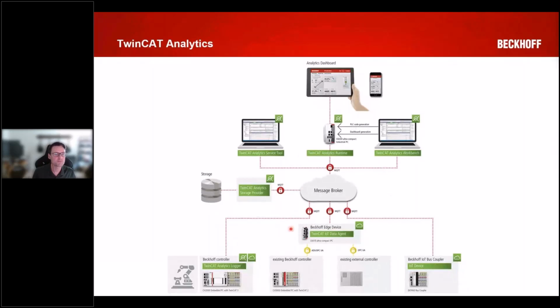The rest of these components, like the IoT data agent for bridging, the storage provider, the engineering tools, those are designed to work with multiple devices. So you can have a storage provider that's aggregating data from several different devices.